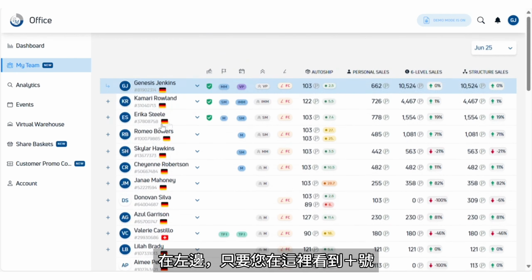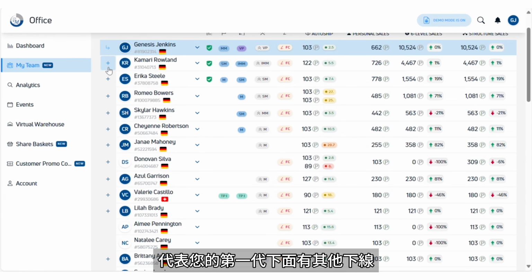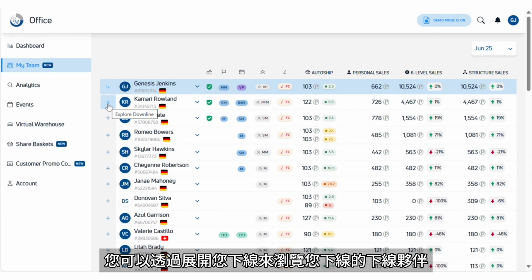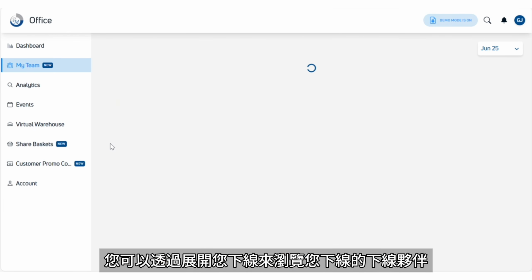At the left side, every time there is a plus, there is a downline below your first line. So what you can do, for example, is browse through your downline while opening the downlines of the downlines.